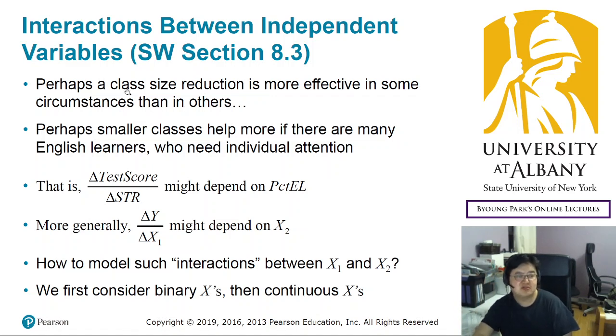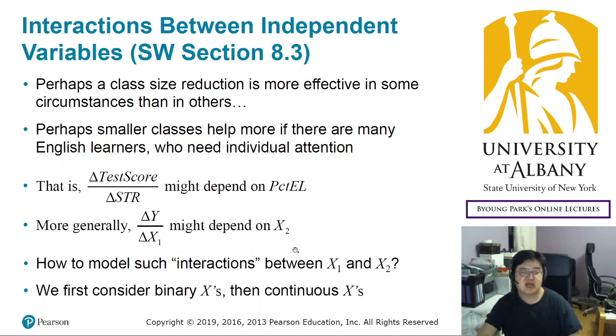So then the effect is not uniform, but it depends on other variables, other circumstances. So then we may write it this way: the derivative of test score with respect to student to teacher ratio might depend on percentage of English learners, right?